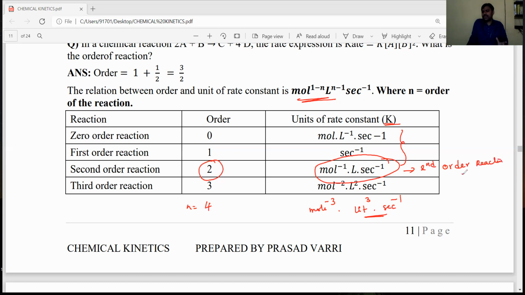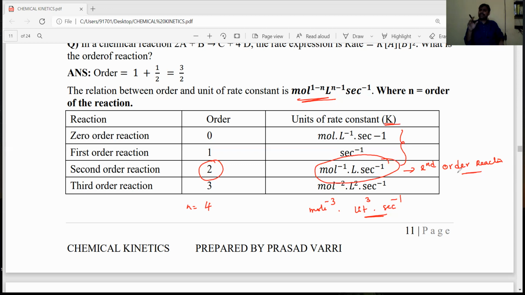Sometimes they will give only the units, and we have to identify what kind of reaction it is, whether zero, first or second order. If the units for K are mole liter inverse second inverse, then it belongs to a zero order reaction. If the units for K are second inverse, it belongs to a first order reaction. If the units for K are mole inverse liter second inverse, it indicates a second order reaction.